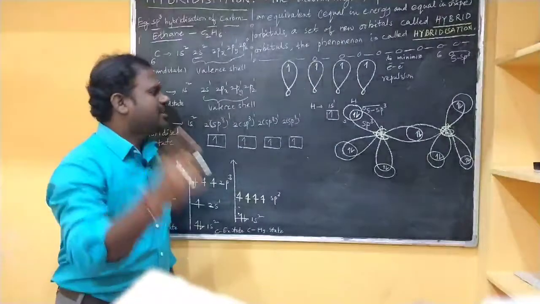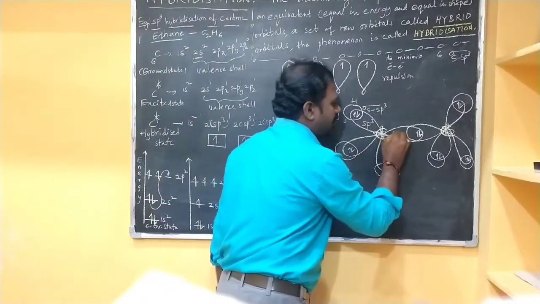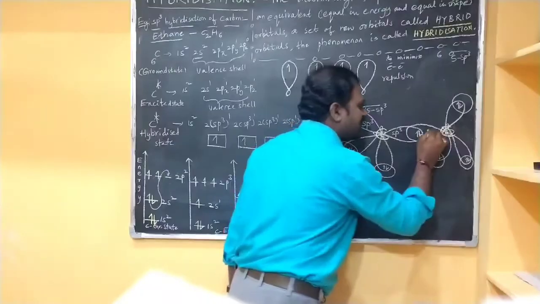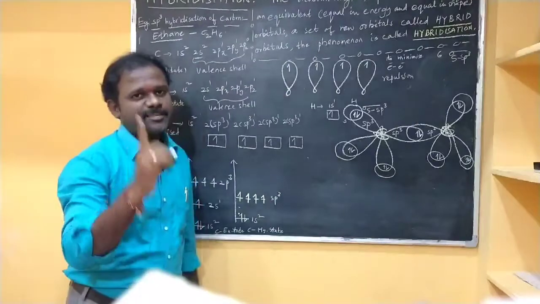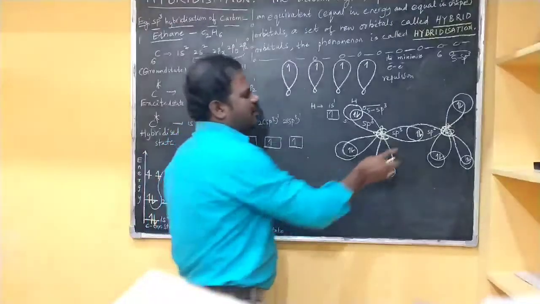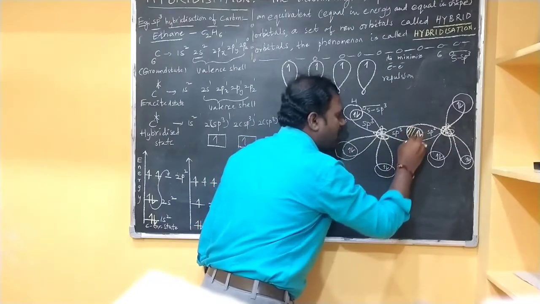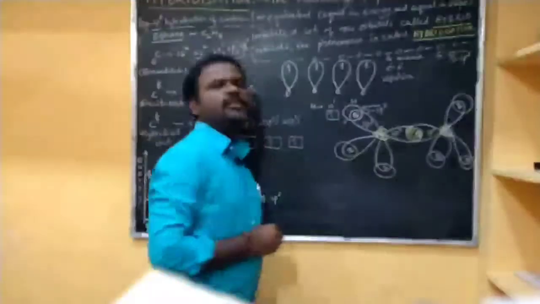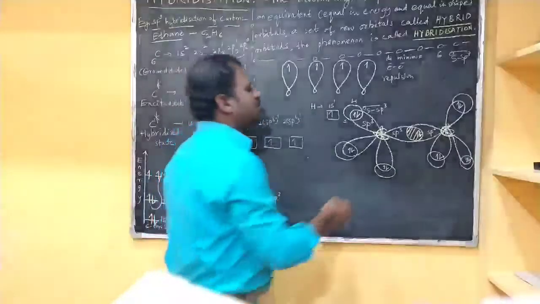And there is another bond formed, by sp3 and sp3. Each carbon contains one sp3 hybridized orbital with one unpaired electron. So a sigma bond forms by head-on overlapping.